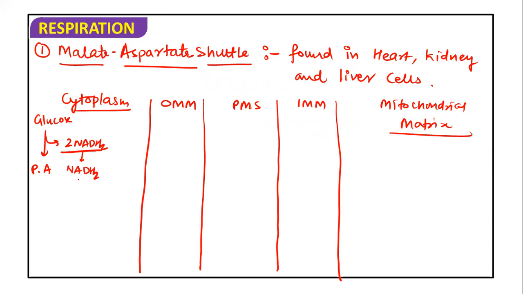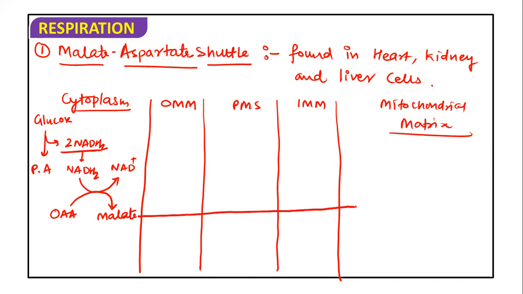NADH2 breaks into NAD plus by reacting with oxaloacetic acid, and this oxaloacetic acid forms malate, or malic acid. This malate gets transported to the mitochondrial matrix.